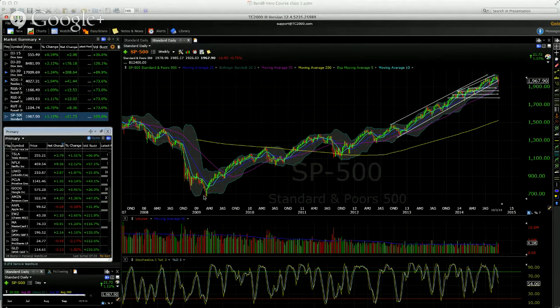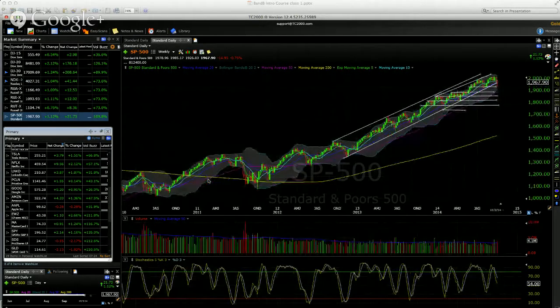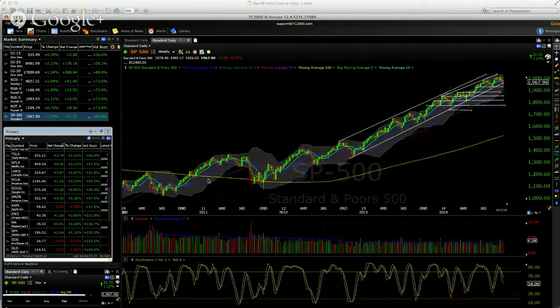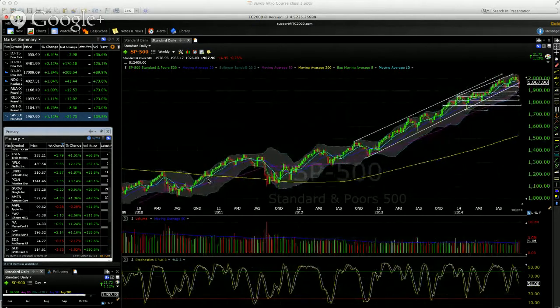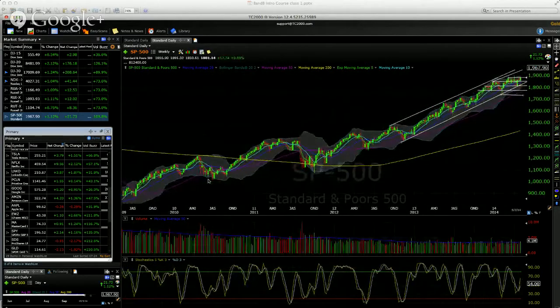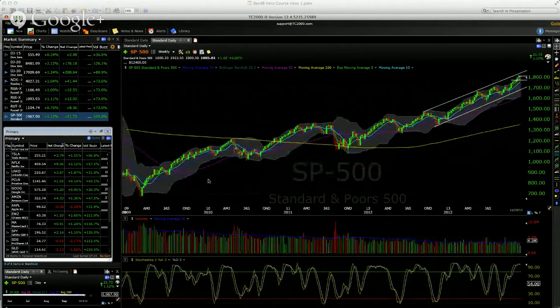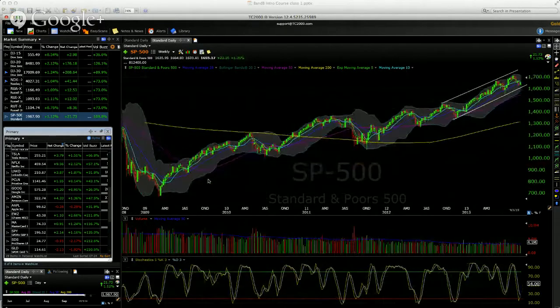All right, the first cycle is the accumulation phase. In the accumulation phase, remember we're talking about the market being at the bottom. So if you look back here in 09, there's obviously a bottom. I'll zoom in a little for you. Sorry, it takes a little while for this to load. Let me get you back to the 2009 bottom.